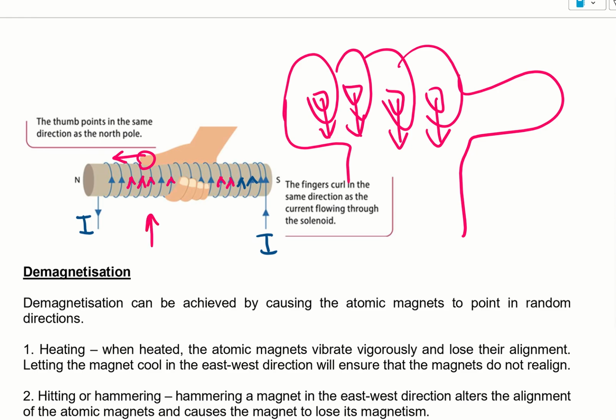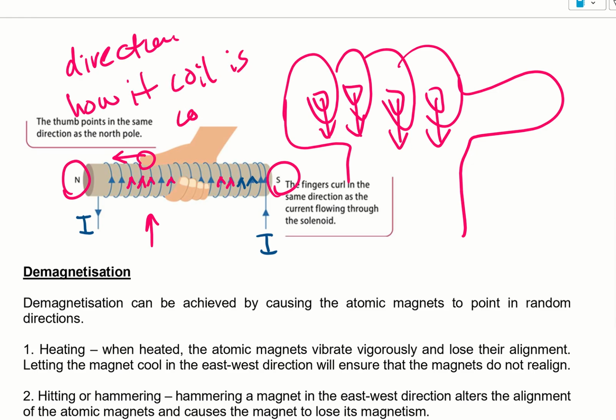So there's only this one way that you can do it, and therefore the left hand side is a north and the right hand side is a south. Again, this is a very popular MCQ question, so it depends on the direction of current and also on how the coil is coiled.